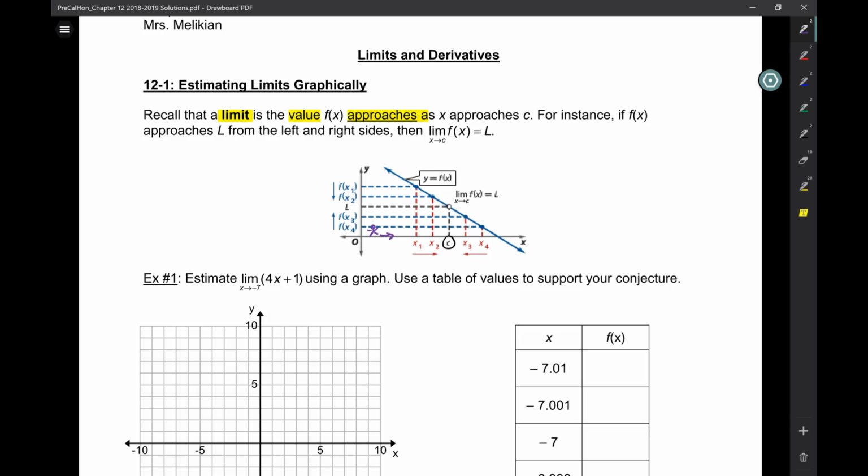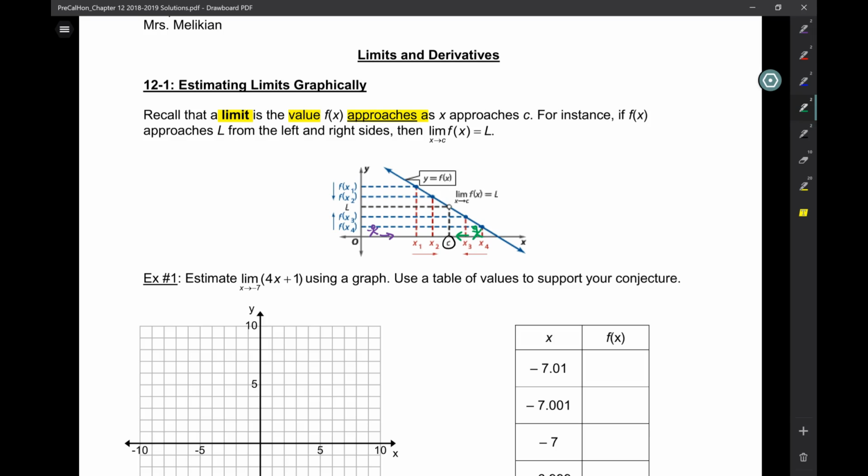What we could say is, as I'm approaching C, as the X values approach C, are the Y values increasing or decreasing? Decreasing. Y values are decreasing. Now, if somebody else is approaching C from the right-hand side, what's happening to the Y values now?